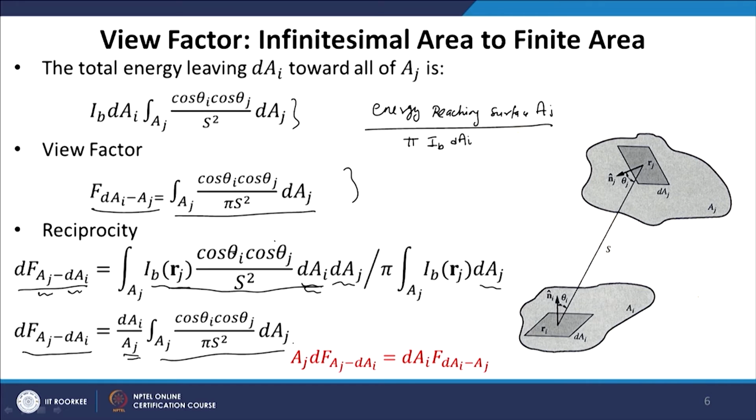So, what we get is this reciprocity theorem: the total area of surface j, Aj, multiplied by the view factor from the entire surface j to small element dAi is equal to the small area dAi and the view factor from small element dAi to the entire surface Aj. So, this satisfies the reciprocity theorem.